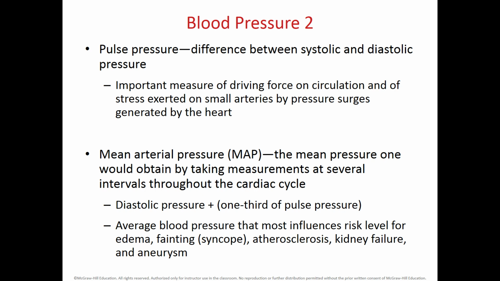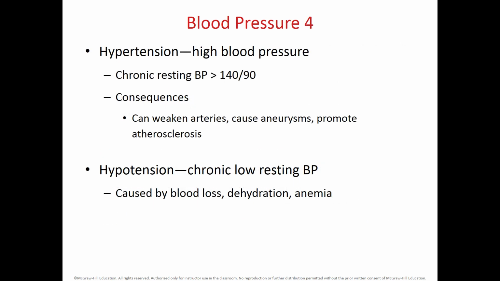And then this pressure is taken because this can influence the risk level of someone having excess of fluid outside of the tissues, which we call edema, or it can influence the chances of someone fainting or having atherosclerosis, kidney failure, aneurysm, etc. So having high blood pressure is known as hypertension, and is having a chronic resting blood pressure over 140 over 90.